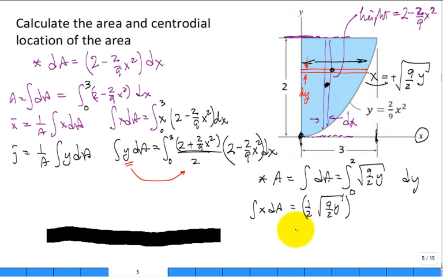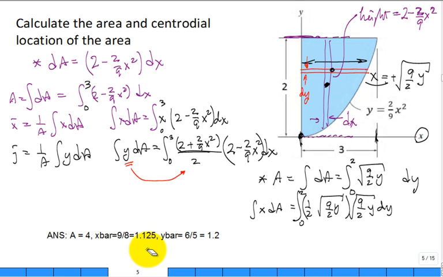That's the centroidal location of that strip, times the dA, which is the square root of 9/2 y dy. Integrate between 0 and 2. All right, well, here are the answers for this problem. The area is 4, x bar is 9/8 or 1.125, and y bar is 6/5 or 1.2.